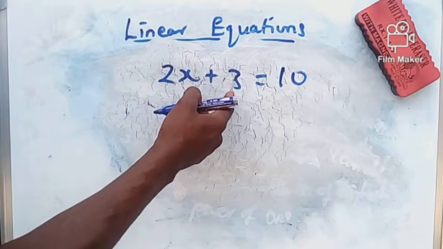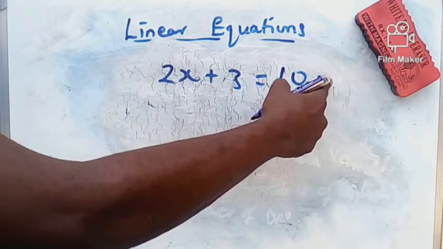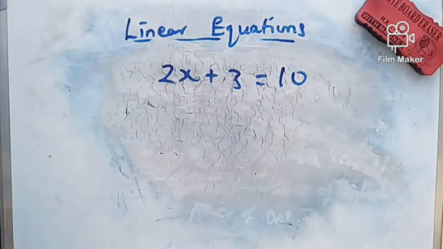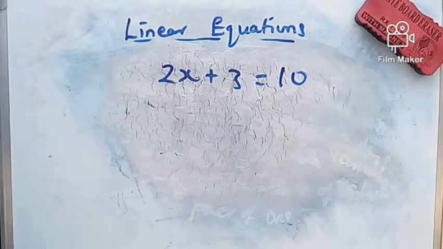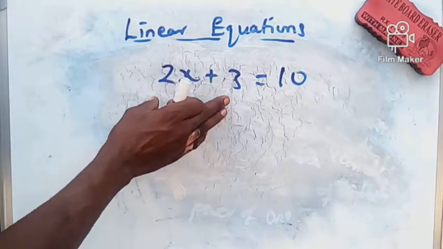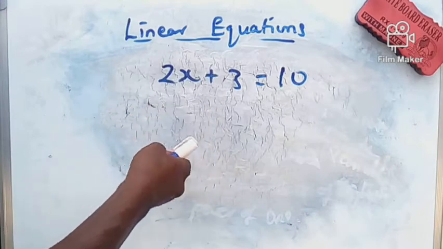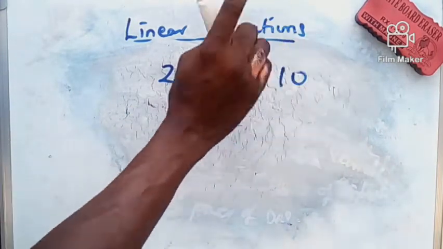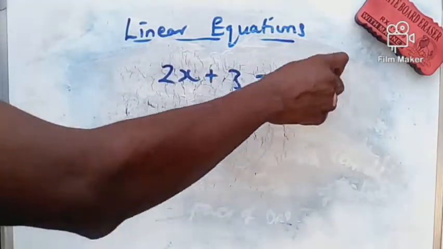First, we need to eliminate this 3 from here and take him to the other side where it belongs. So to eliminate this 3 from here, there is something you must understand. Because there is an equality sign here, it simply implies that whatever thing you do to this side, you also repeat it to the other side. So if I add any number here, I'm also going to add another number there. Why am I doing that? Because this side is equal to this side.